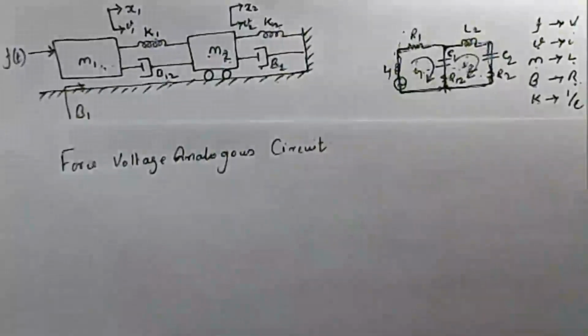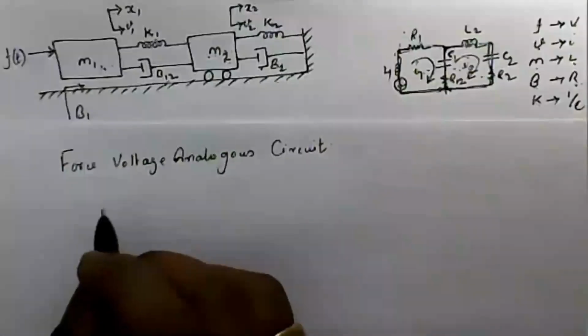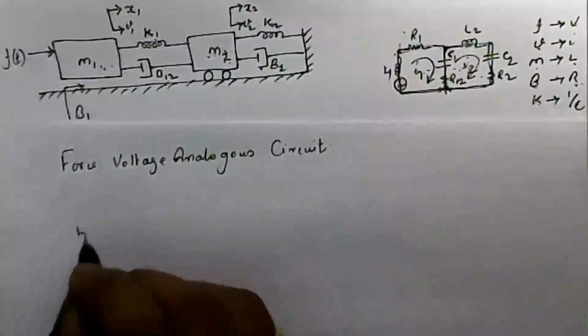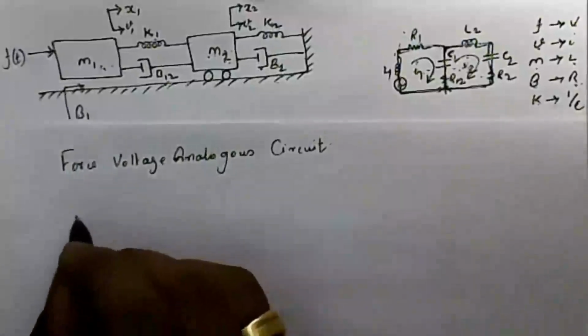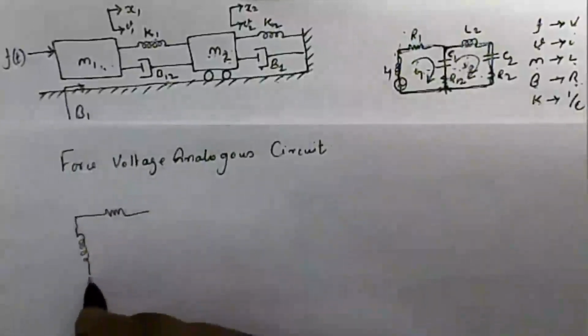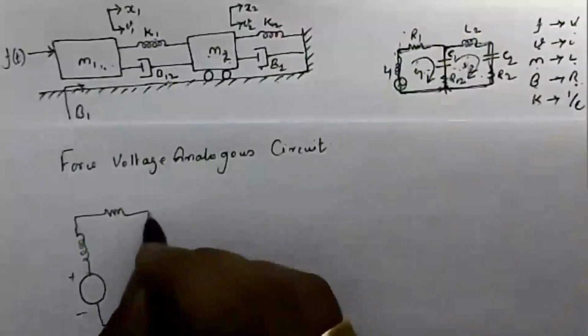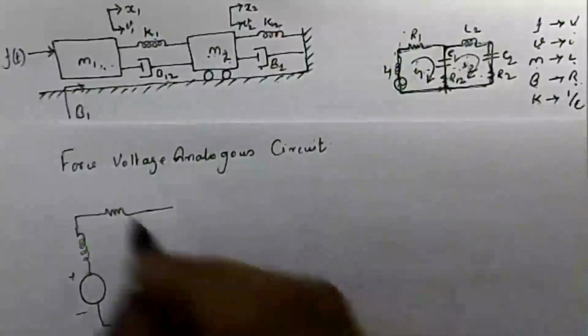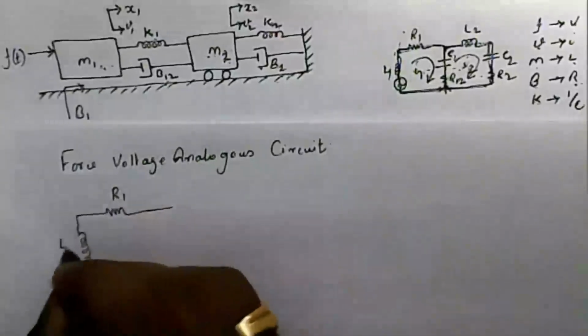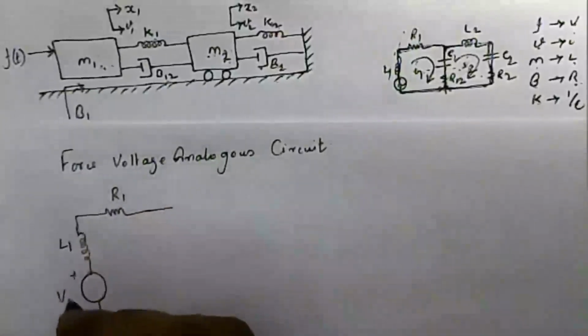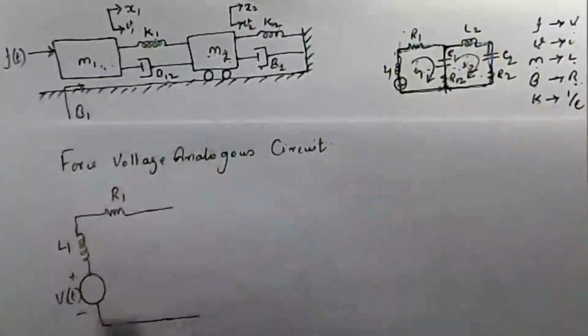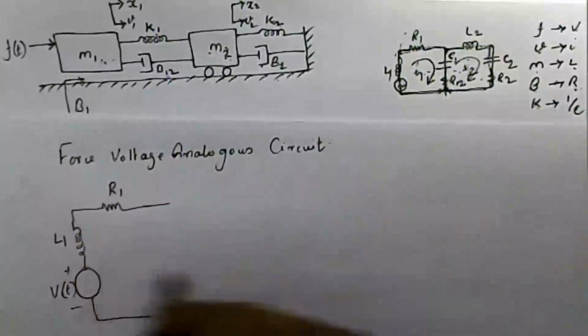Force voltage analogous circuit. These are the individual branches R1, L1. Here this is V of t, here F of t.